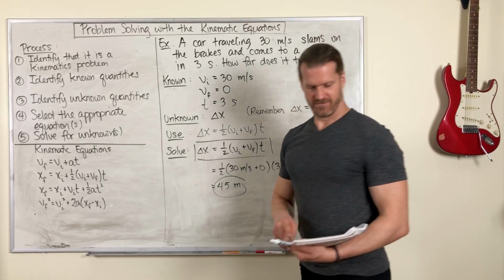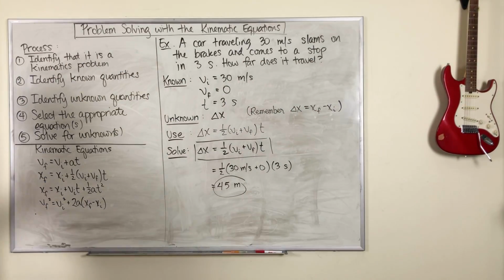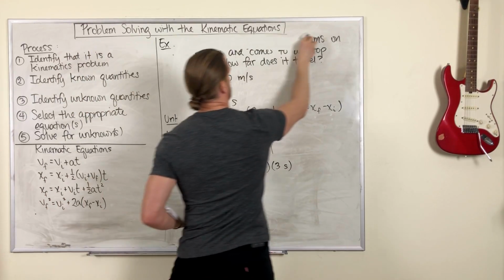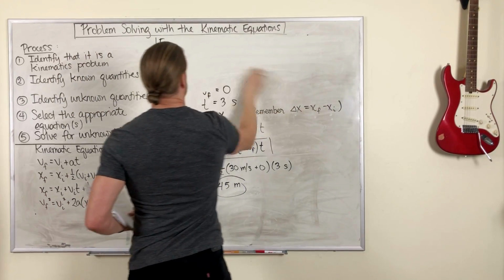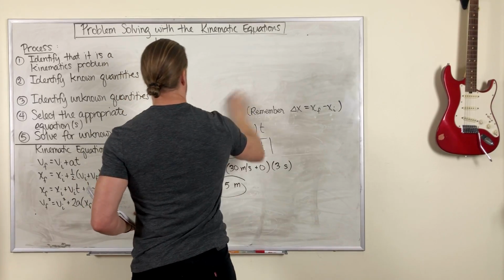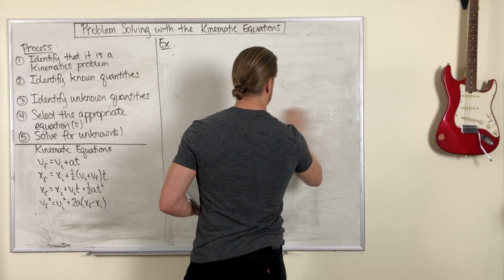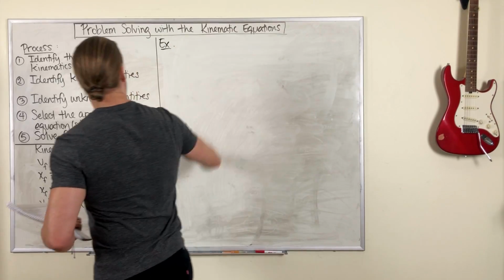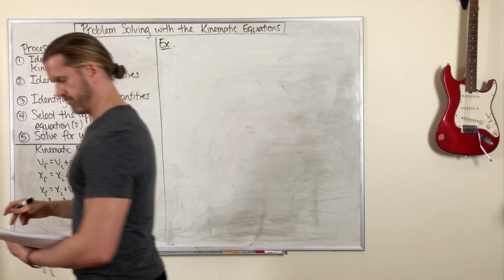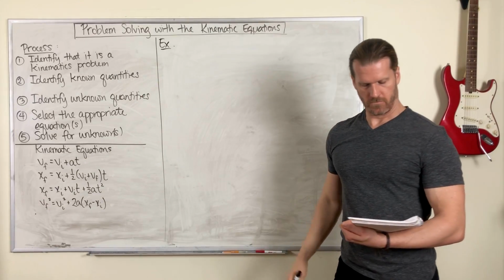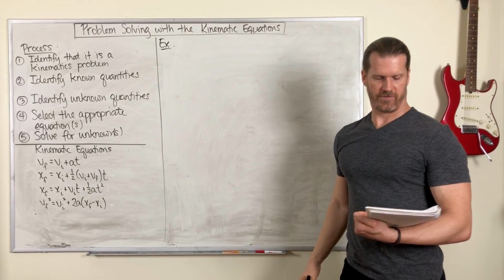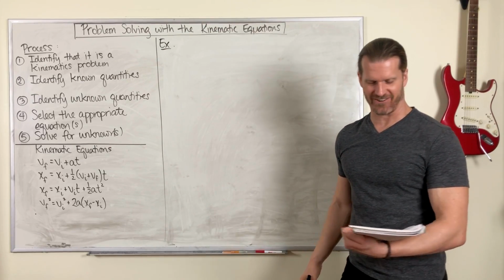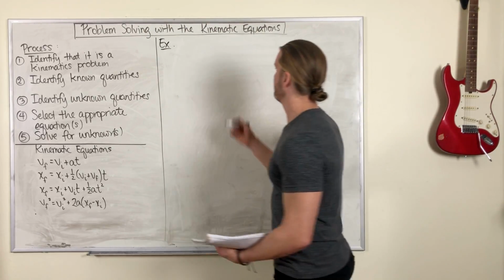Let's do one more example. I'm sticking with the car for these examples. Don't worry, we will do all sorts of other situations not involving cars, but that's the simplest thing for now.